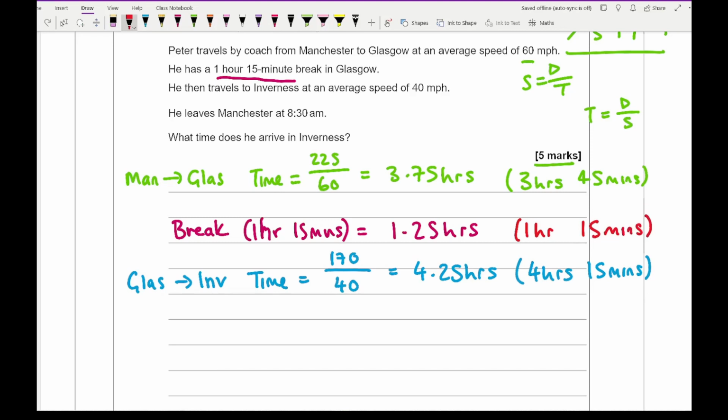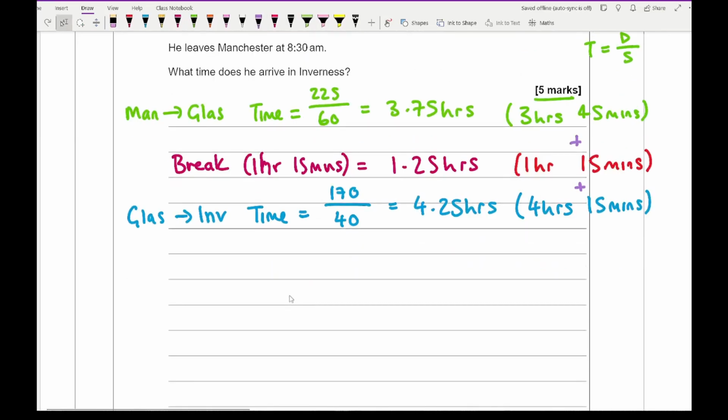All I then need to do is add these times together. So 3 hours 45 plus 1 hour 15 is going to be 5 hours. So in total, it's 9 hours and 15 minutes.